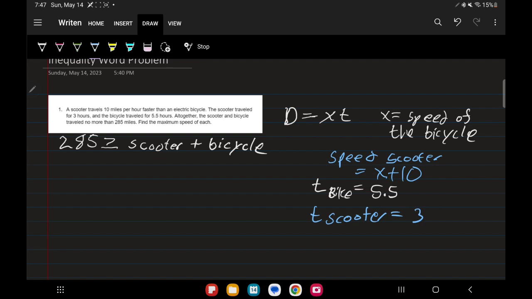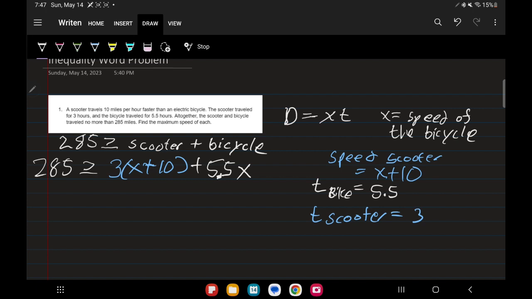Let's go ahead and plug them back in. So I get 285 is less than or equal to the scooter's, so it's going to be 3 times, parentheses, remember, we're multiplying the whole thing for the speed of the scooter, x plus 10, plus the distance the bicycle traveled, which is 5.5 times x.